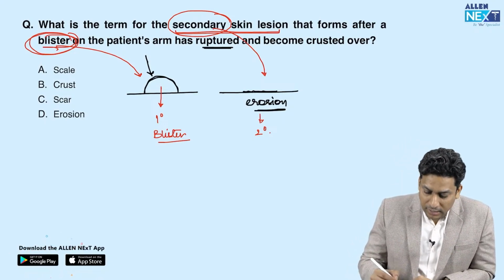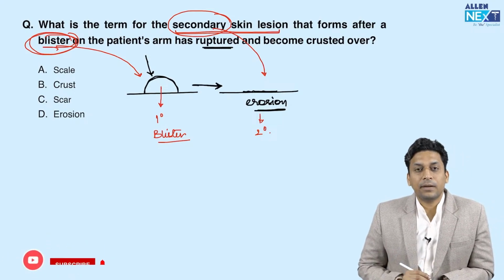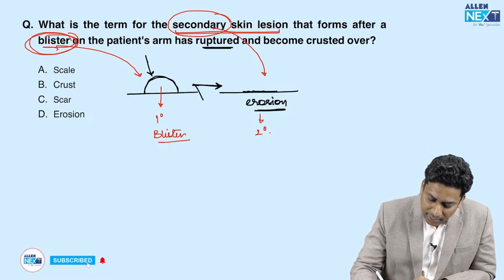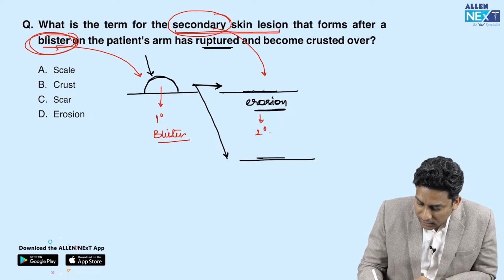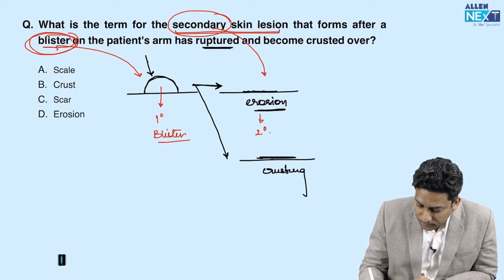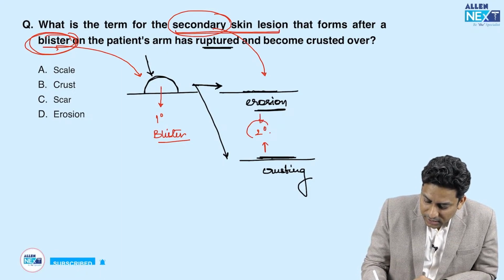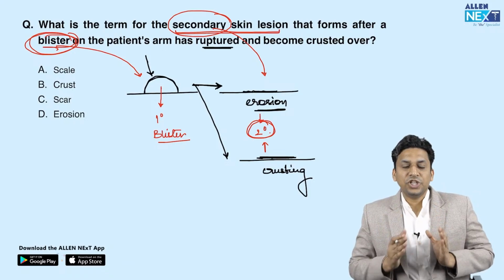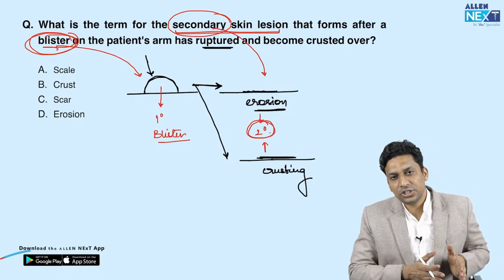In blistering disorders, generally these blisters rupture to form erosions, but sometimes the fluid coming out can form a thick crust over it. So crusting is also a secondary skin lesion. Any change which occurs over a primary lesion is known as a secondary skin lesion.